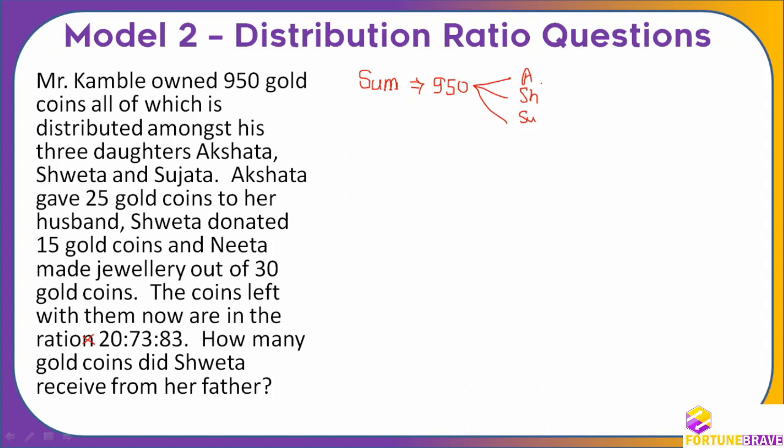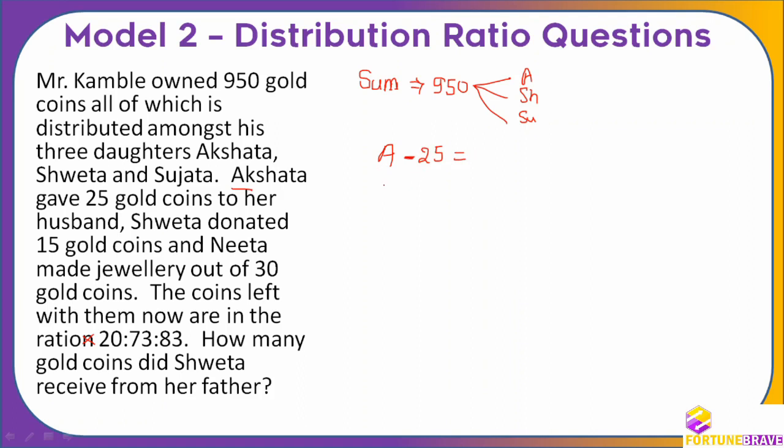Now we do not know in what ratio, but try to understand whatever is distributed. If Akshata got a number of points, she gave 25 to her husband. So whatever is there, she gave 25, so what is remaining with her is A minus 25.